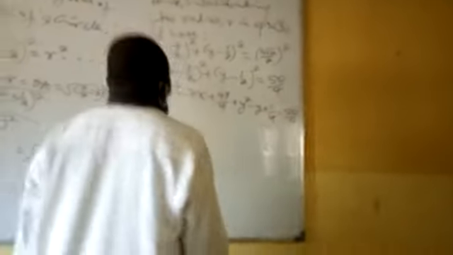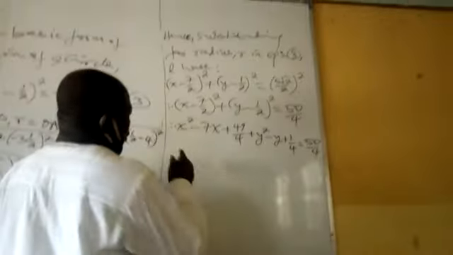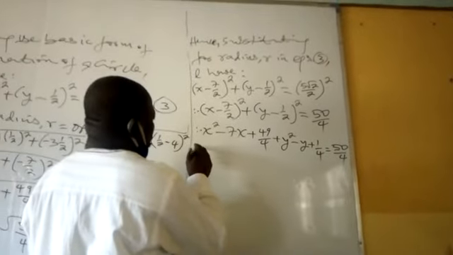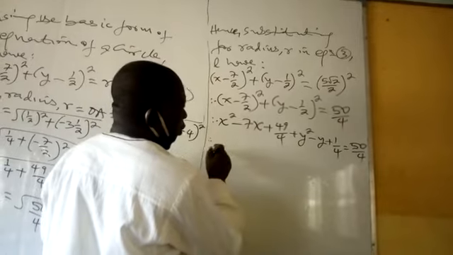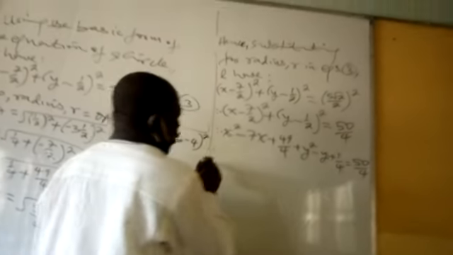Now, the next thing is to clear the fraction. To get rid of that fraction, I multiply through by 4. First of all, let me collect the terms to the highest power.